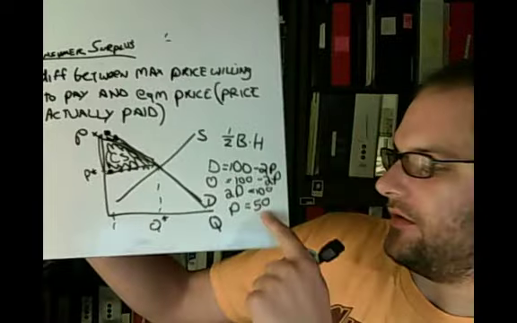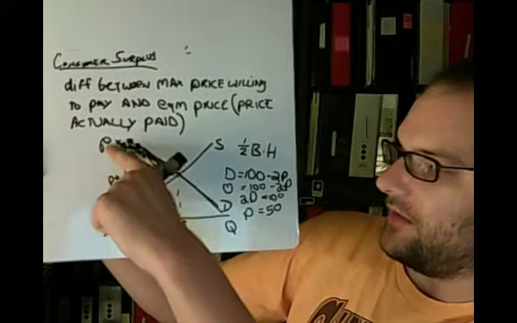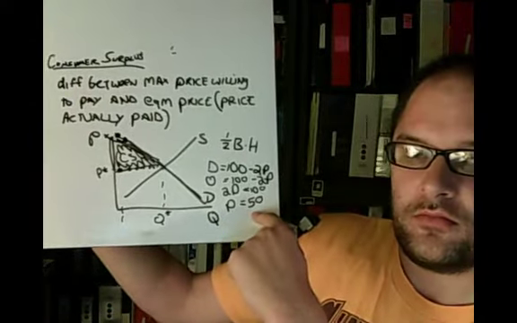Now I would know that the price up here is 50. We would then just take the area of that triangle, 1/2 base times height, and that would give us the consumer surplus.